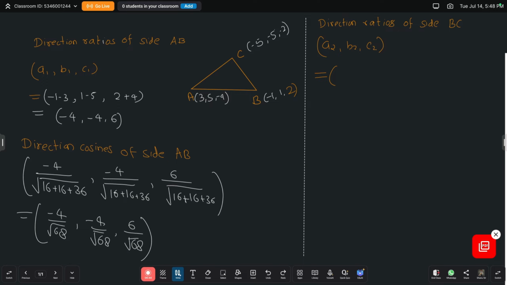So BC means minus 5 plus 1. What I am doing is coordinate of C minus coordinate of B. So -5 plus 1, -5 minus 1, -2 minus 2. Direction ratios coming -4, -6, -4. These are the direction ratios of side BC. Then the direction cosines of side BC.